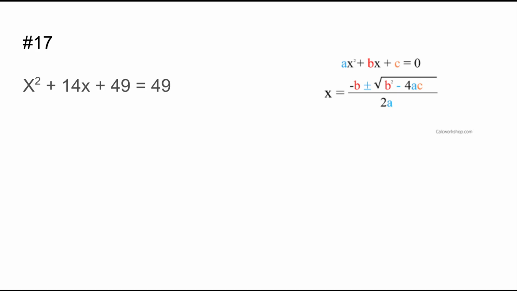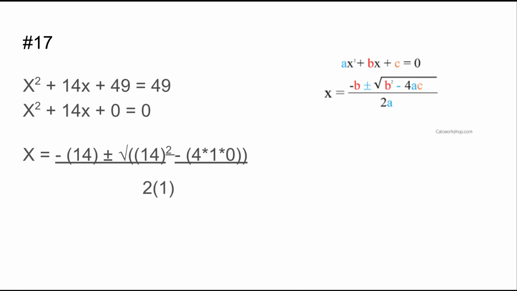Number 17. Let's subtract 49, and we end up with our C being a 0. That's okay. Keep solving. If you ever see something weird like that, just keep solving, okay? Because it's probably going to work out. So minus 14 plus the square root of 14 squared minus 4 times 1 times 0, enter, divided by 2, x equals 0.